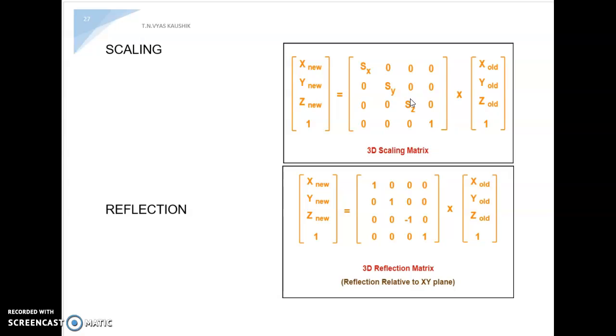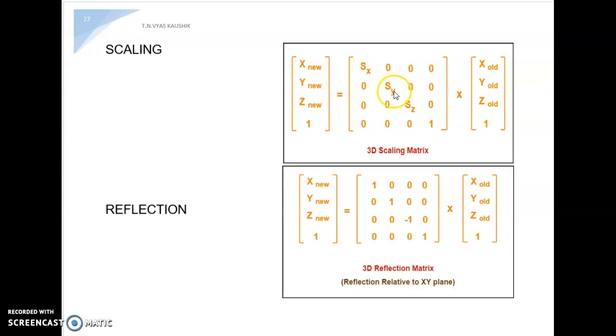There is one point I forgot to tell in 2D, which I will explain in 3D. If sx equals sy equals sz, then we call it uniform scaling, so all 3 sides will be increased in a uniform manner.